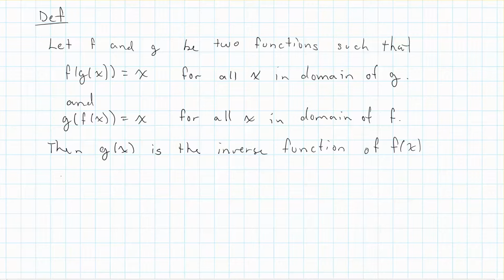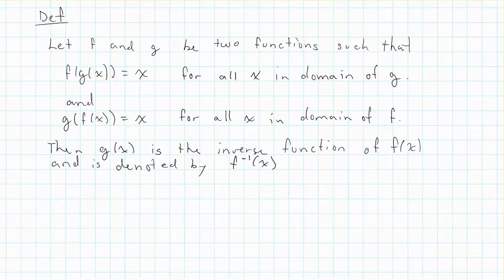and is denoted by f minus 1 of x. Now you want to make sure that minus 1 there, we read this as f inverse, but that f minus 1 is not 1 over f. People make that mistake. That minus 1 there is not a negative exponent.